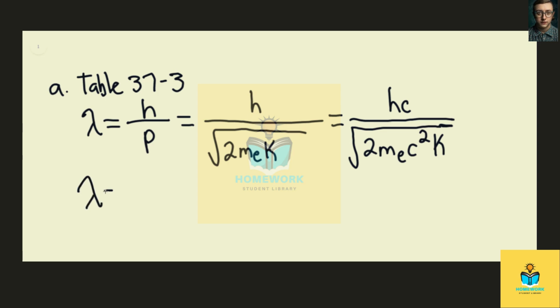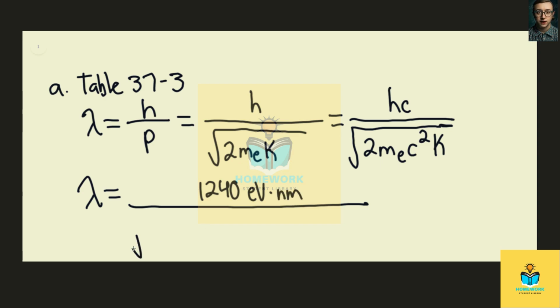So then the wavelength here would be equal to 1,240 electron volt nanometers, divided by the square root of 2 times the mass of the electron sub e times c squared.